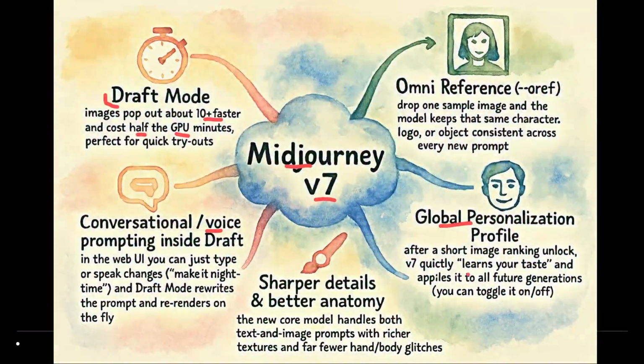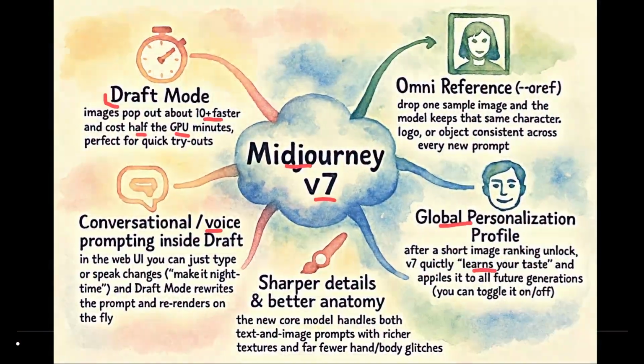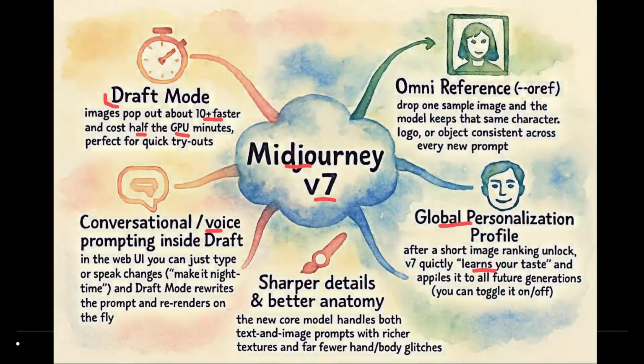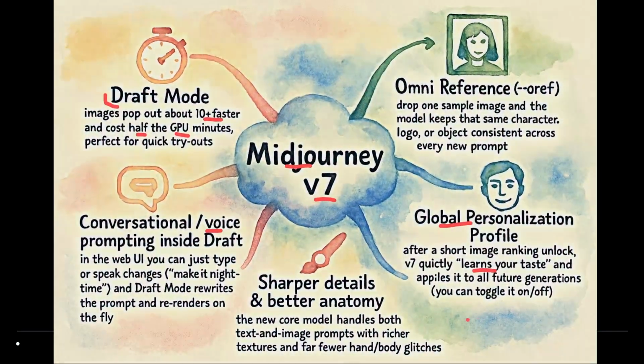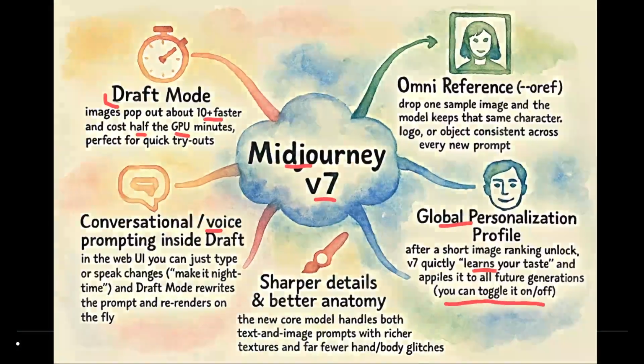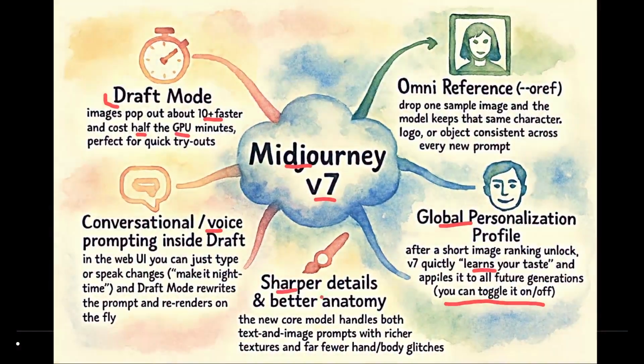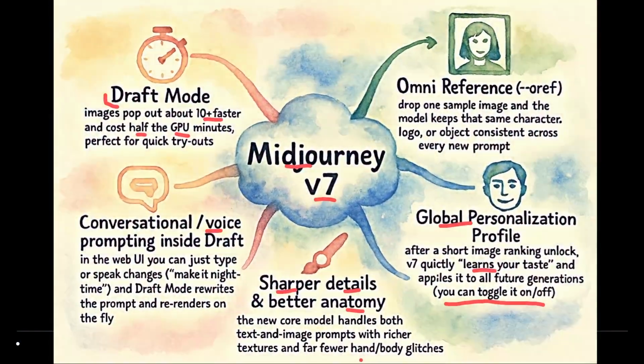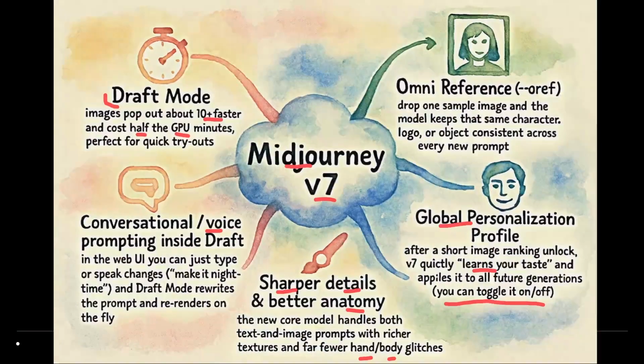So the AI learns your taste, learns your styles and your aesthetics, and will generate better generations. You can toggle it on or off. Also sharper details on anatomy, so it will create better hand and body parts.